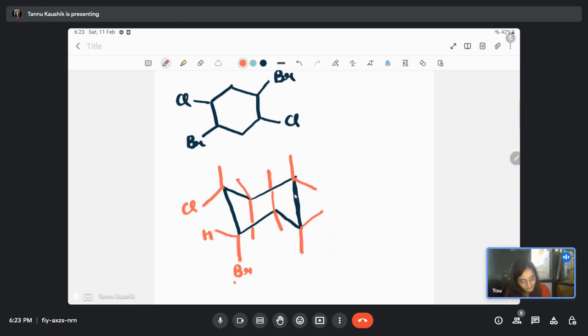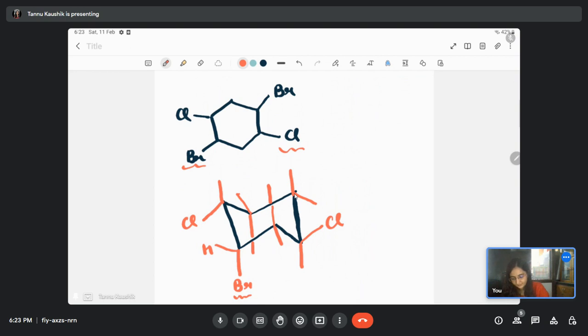If this bromine, which is bulky, is in the axial position, then this chlorine atom, because they are alternate to each other, should go in the equatorial position, like this.